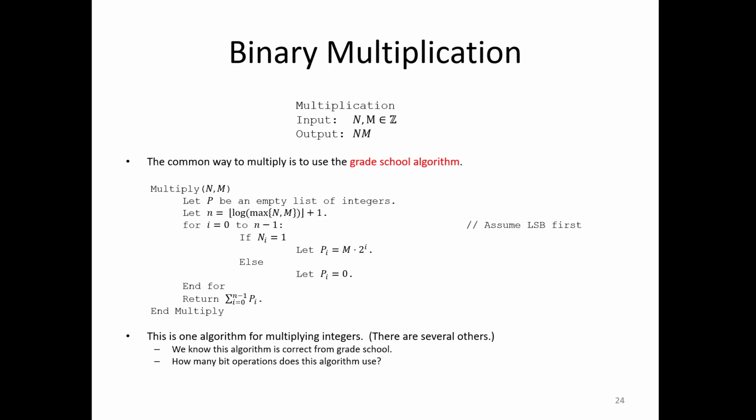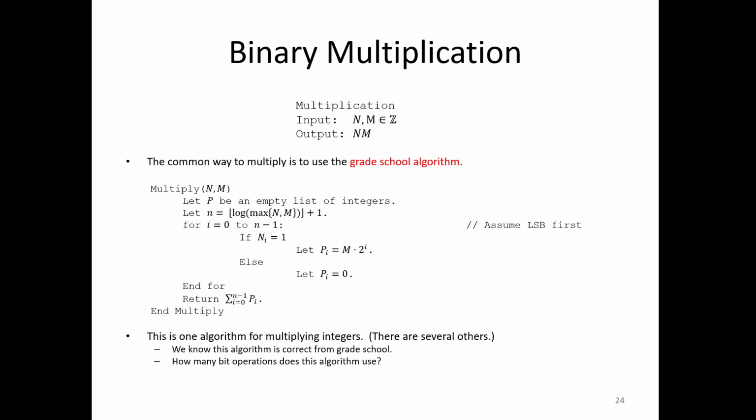Now I want to look at another algorithm related to arithmetic, that is our multiplication algorithm. And again, I'm going to restrict ourselves to integer multiplication. Here we've got 2 integers, n and m, same as before, and we want to calculate their product. Now, there are actually a number of different ways that you can compute the product of 2 numbers, n and m.